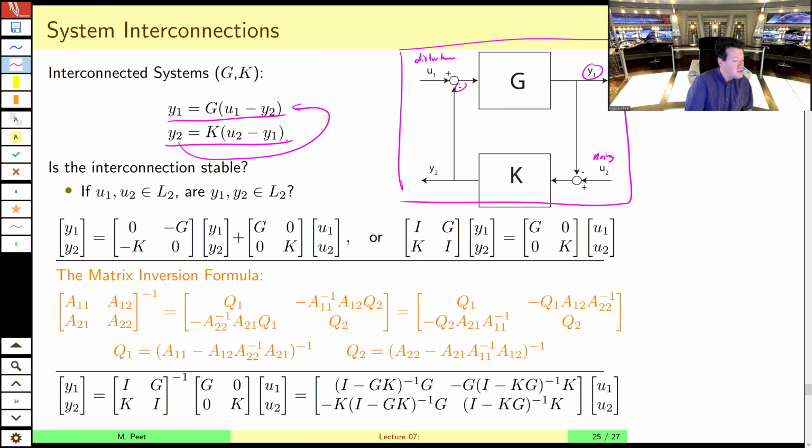We can go further. We can write these in matrix form, concatenating our signals together, both our y's and both our u's, bigger y and bigger u. And then write those two equations down in matrix format. So y1 goes there, negative G goes there, G goes there, and so forth.